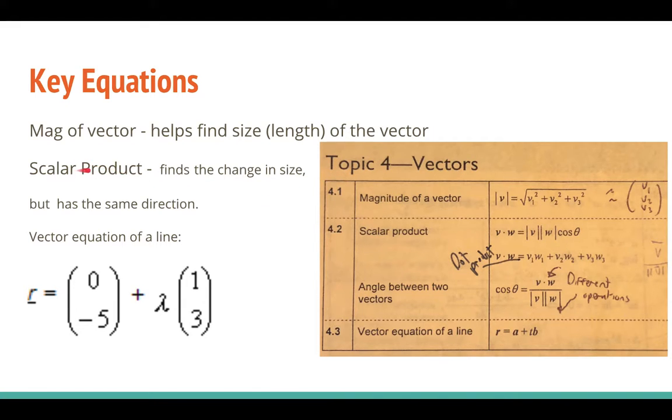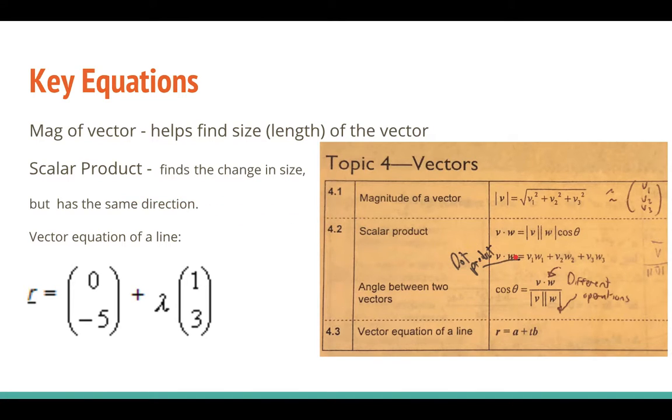Next up, we have the scalar product. Essentially what that does is find the change in size, so different size but same direction. You can find that two different ways. We're going to be focusing on the scalar product here, and we're going to call it the dot product.